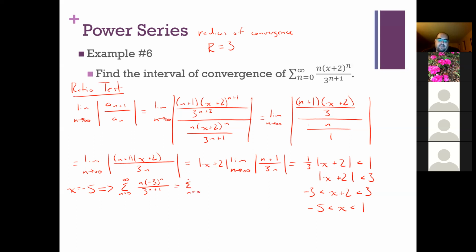So one thing I'll do here is break apart that -3 to the n into 2 smaller pieces. So n times 3 to the n times -1 to the n over 3 to the n times 3. That cancels. So what I have left is -1 to the n times n over 3.